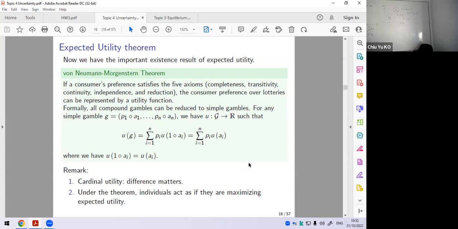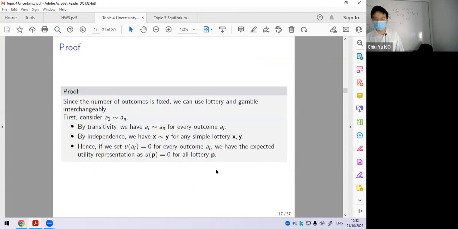And you can see it doesn't work if you monotone transform. If you make it 1, then you fail. That's why it's cardinal utility. You cannot make U of A be 1, you cannot make it any positive number, or your model doesn't work. So it's cardinal. Is that clear how we prove this first one?